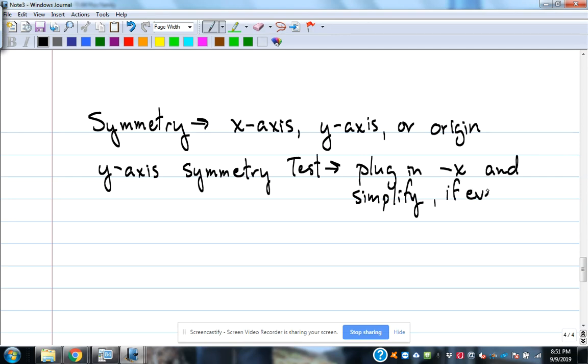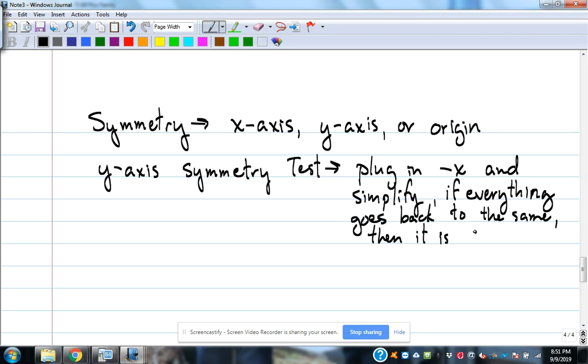If everything goes back to the same, then it is symmetric. Example of that.